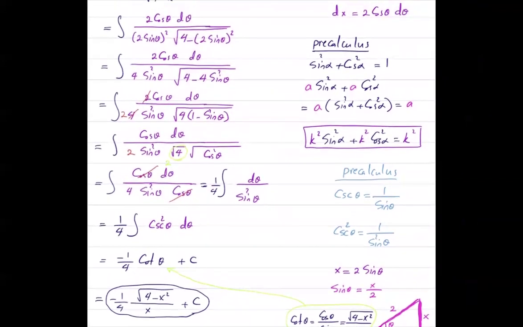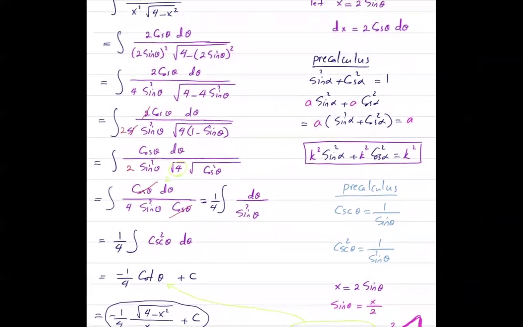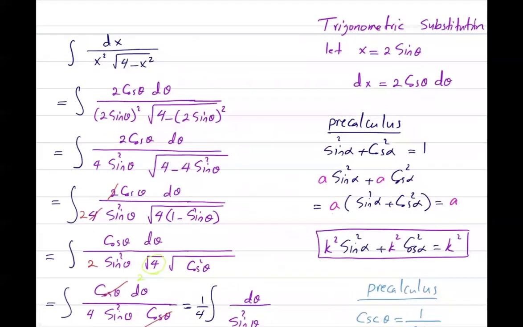So we look at the quantity that you have in your integral. For example, here, when I take a look at my denominator, I see 4 minus x squared. And I remind myself of pre-calculus. From pre-calculus, I know if I have 1 minus cosine squared, it is sine squared, or 1 minus sine squared is cosine squared. So it has a 4, but if I just use 4, it doesn't help me to simplify the quantity down here.